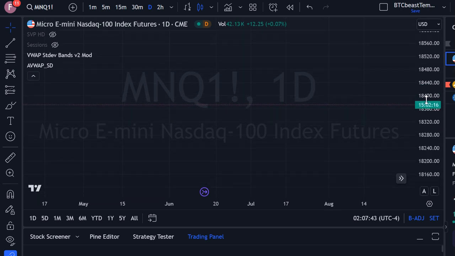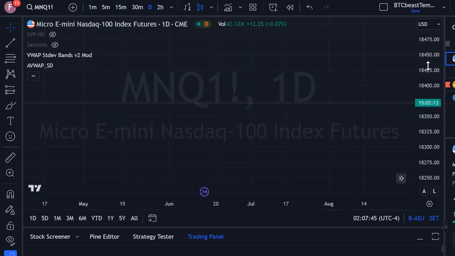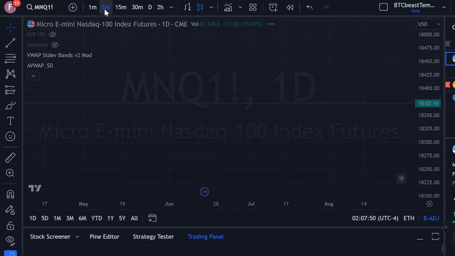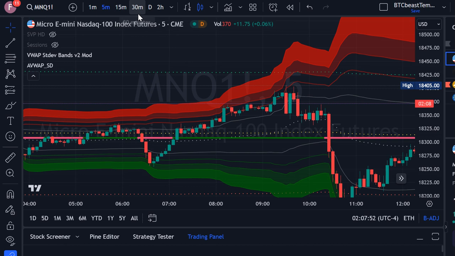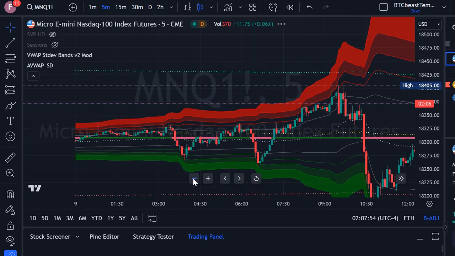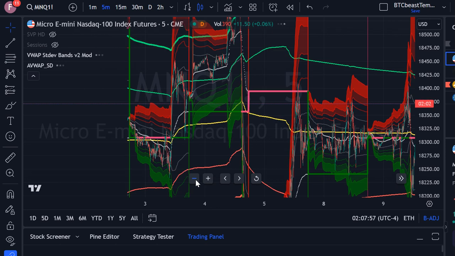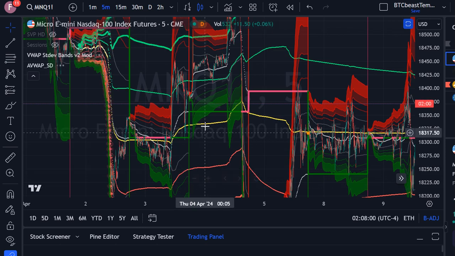It's not going to give me what I want right away, but these bigger bands here, these bright, thick bands, these are the standard deviations off the weekly.